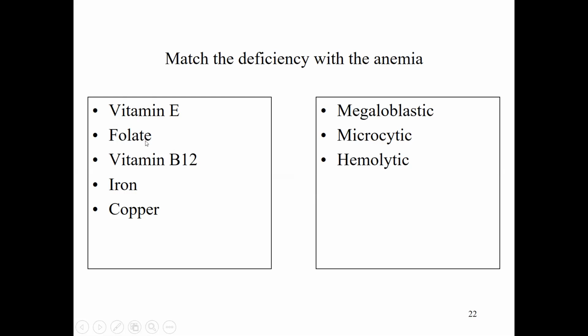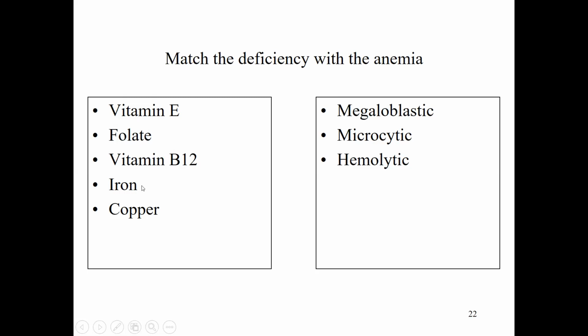It's important for DNA synthesis. So when your folate is low, you can actually get megaloblastic anemia. You get these really large red blood cells because the DNA replication starts, but it isn't able to finish without folate. So it builds up and causes these large blood cells. B12 is the same, megaloblastic. That's because B12 is needed for normal folate metabolism.